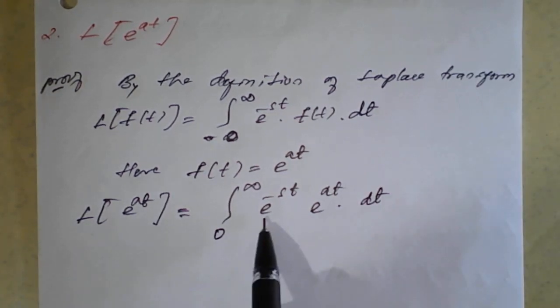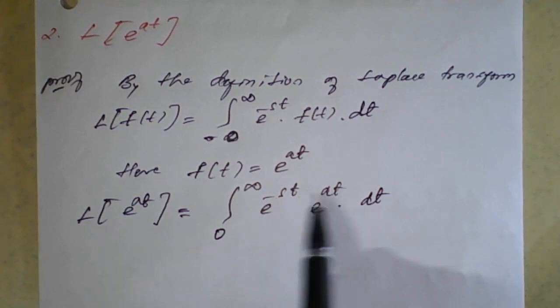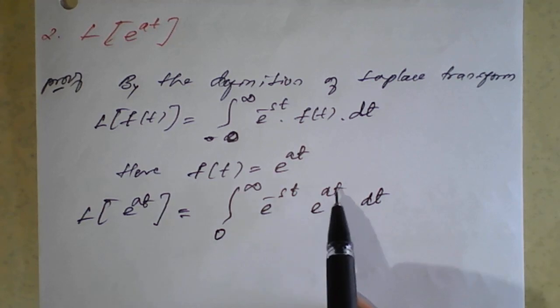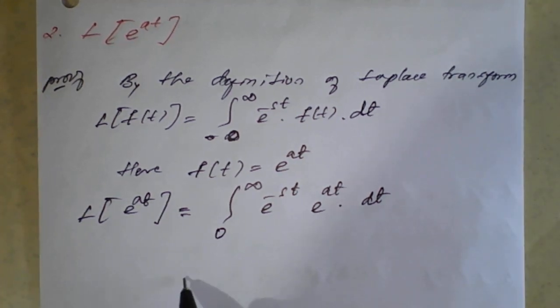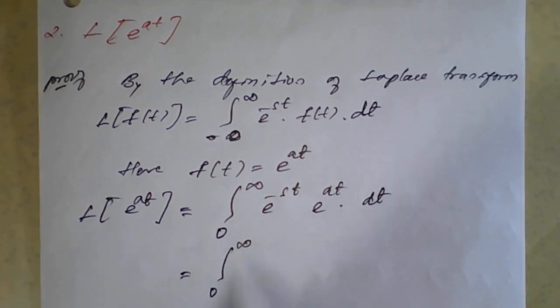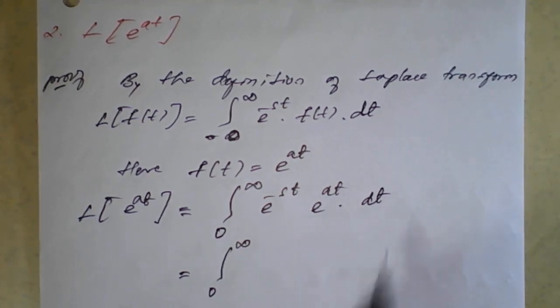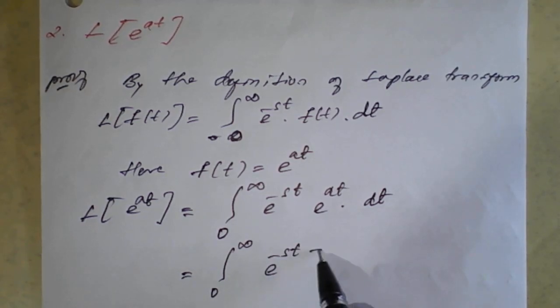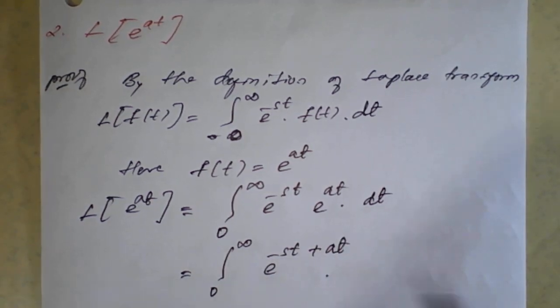This is also e, and this is also e. Bases are same, so by using the exponent formula we can add the powers. So, integration from 0 to infinity, as bases are same, e raised to minus st plus at into dt.